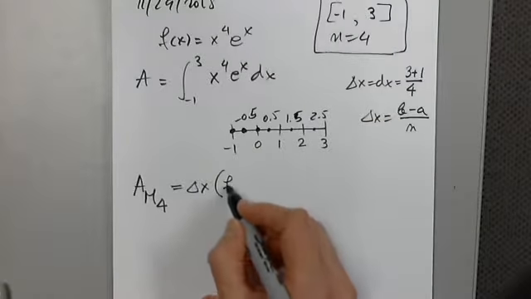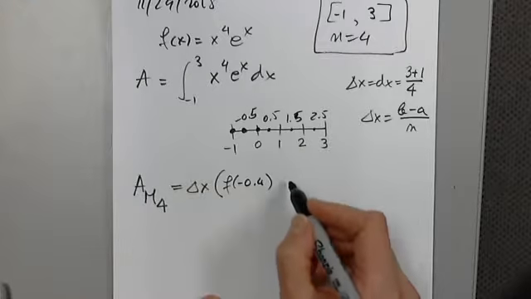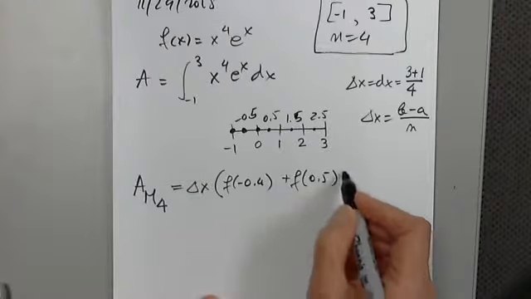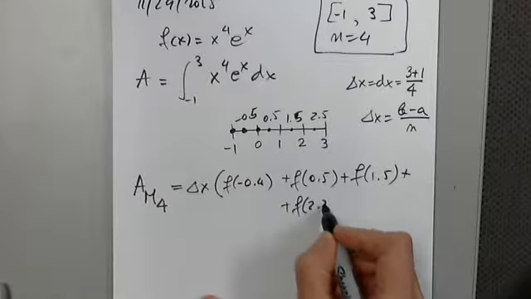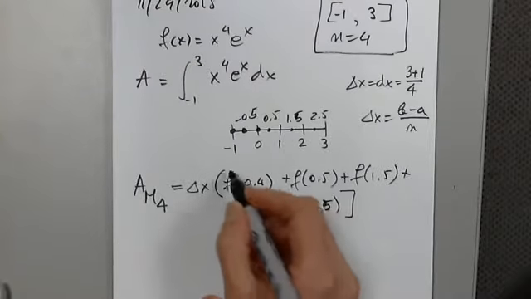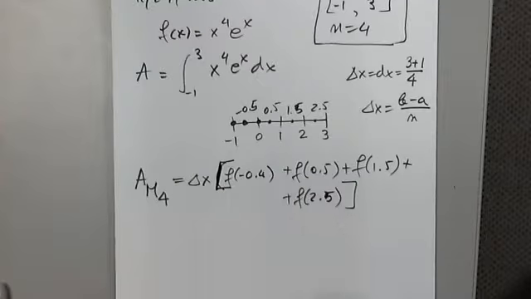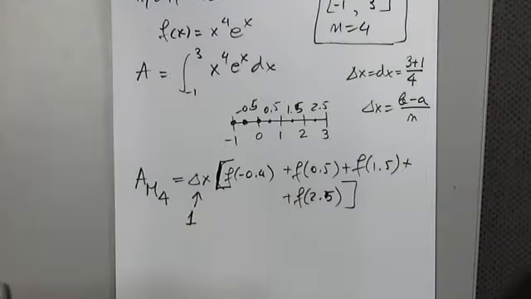So then I have f of -0.5 plus f of 0.5 plus f of 1.5 plus f of 2.5, and I'm done, where delta x is 1.